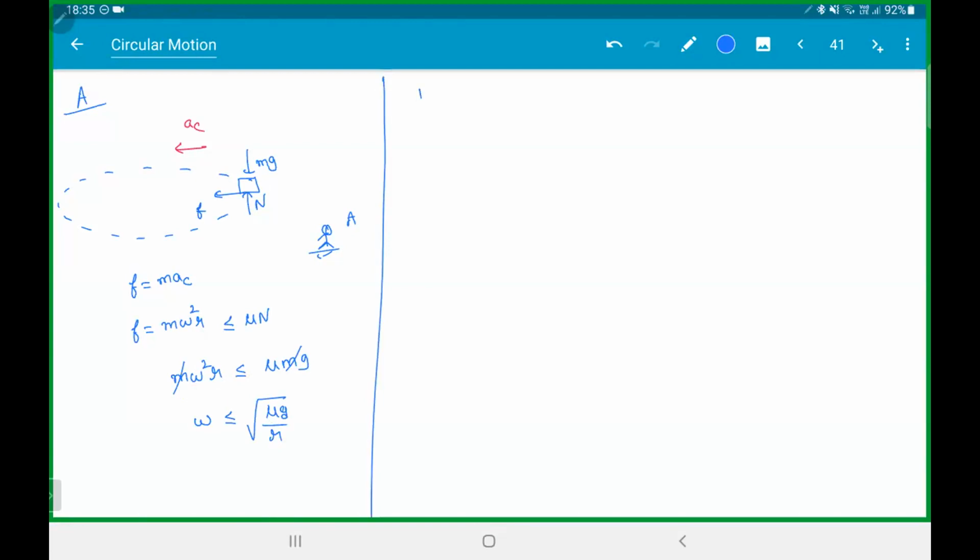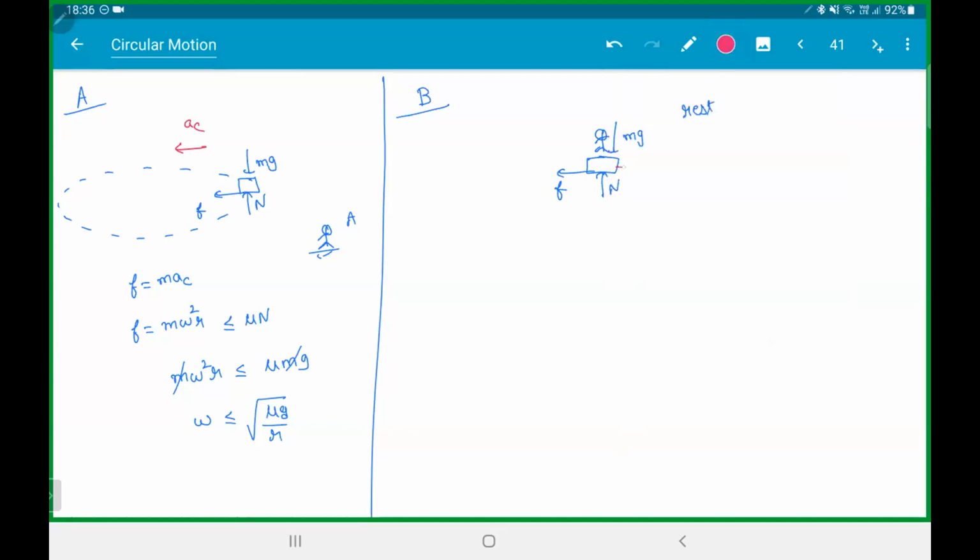Now, if you tell B to solve the problem, actually in the exam it would be done, but I am just showing you more. If you ask B to solve the problem, B is standing on the coin. He will say, okay, there is a friction, there's a normal reaction, there is an mg, and he thinks the coin is at rest. It's not moving.